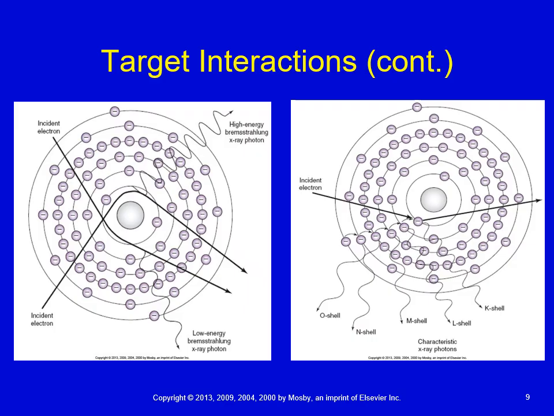Bremsstrahlung radiation is produced when we have a projectile electron. So we're talking about an electron that's leaving the cathode, interacting with the anode. Once it reaches an atom of the anode, it's slowed down as it interacts with that positive nucleus. Remember, the electron itself is negative.